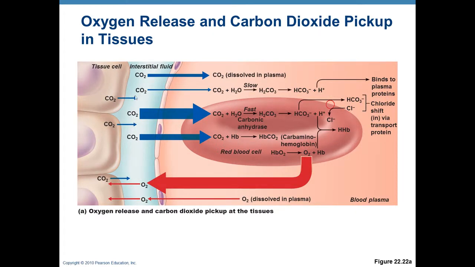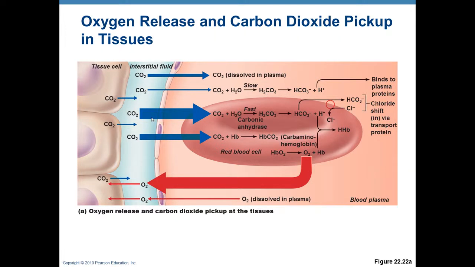And then what about picking up the carbon dioxide waste from your tissues? Okay, so some of that's just going to move into your plasma of your blood, the fluid portion, and dissolve. Some of it will move in and react with water and form carbonic acid, which will break apart into bicarbonate ions and hydrogen ions, just as I just showed you. And so some of that can just happen spontaneously without enzymes.